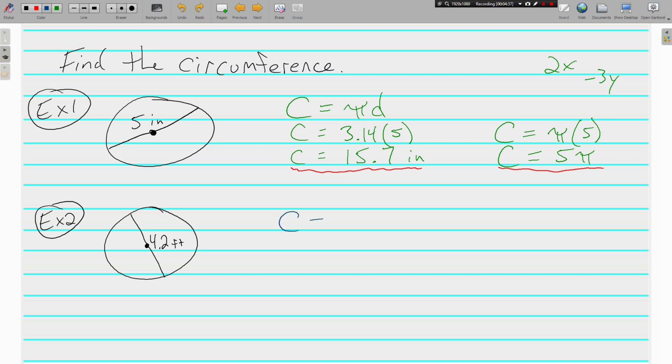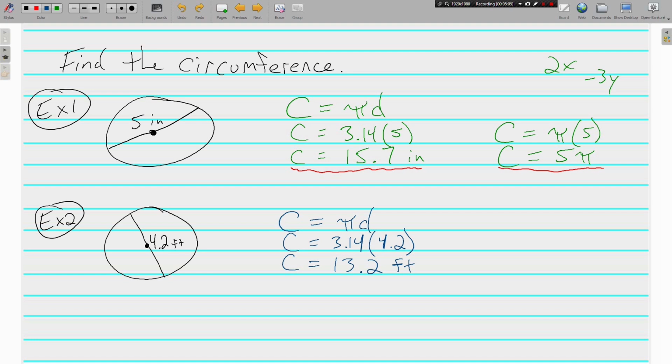Start with the formula. Circumference is equal to pi times diameter. For pi, we're going to use 3.14 times, looks like the diameter is 4.2 this time. And when we multiply those and round to the nearest tenth, we get 13.2 feet.